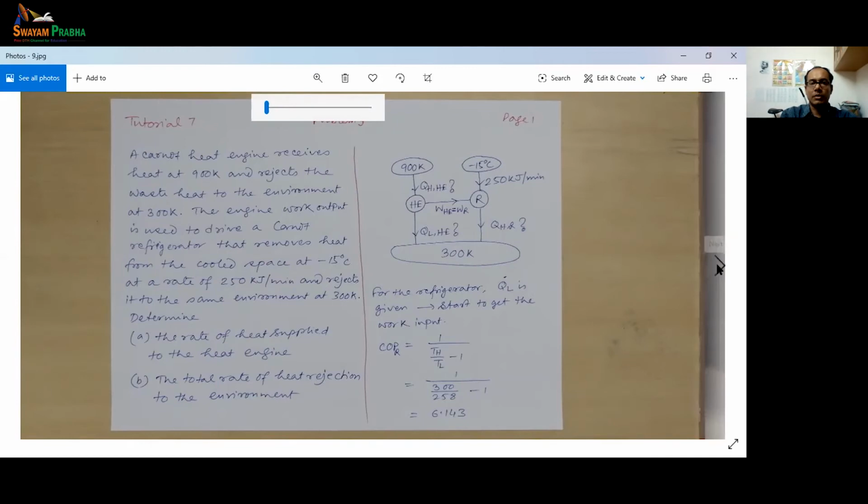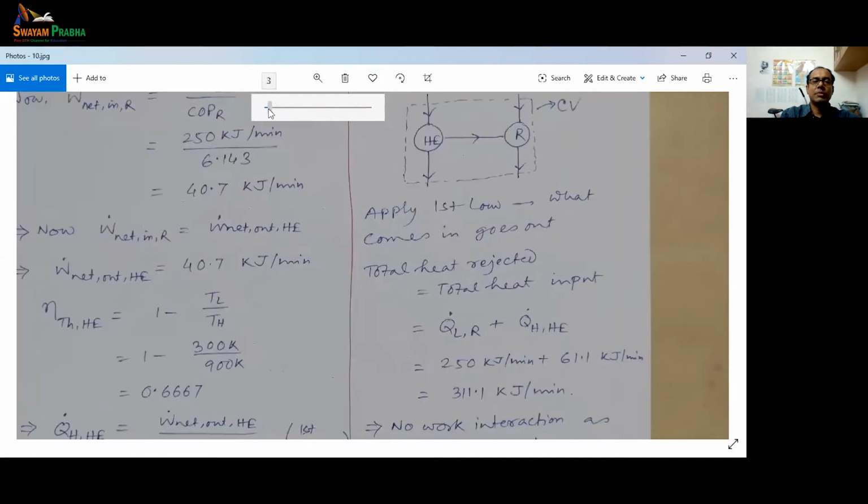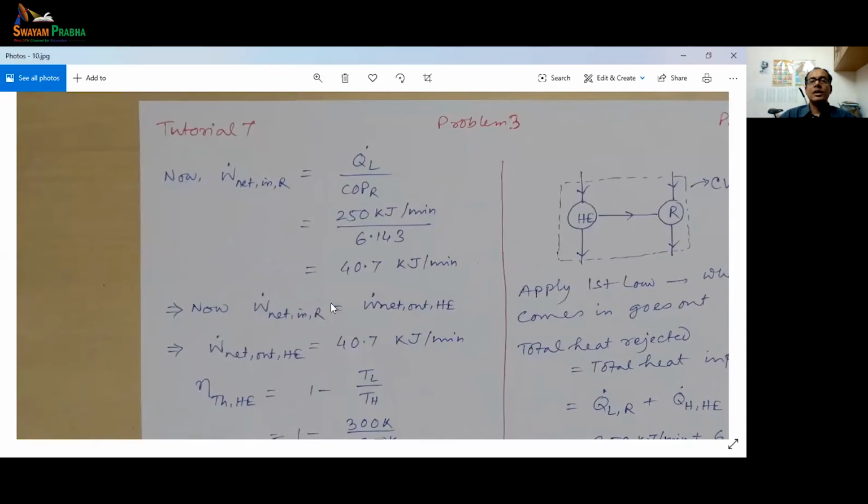Now for the refrigerator, we know what is the heat input and we also know the coefficient of performance. So just from the definition of coefficient of performance, we can find out the work input to the refrigerator. So W dot net in R, the net work input to the Carnot refrigerator, is Q dot L, the rate at which you are sucking heat from the low temperature reservoir, divided by the coefficient of performance for that refrigerator.